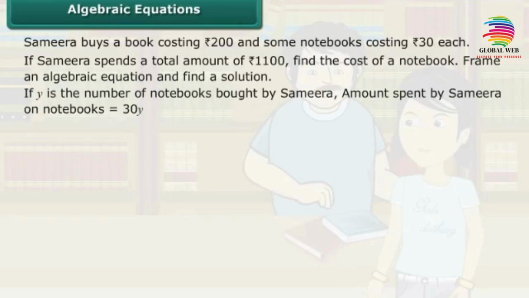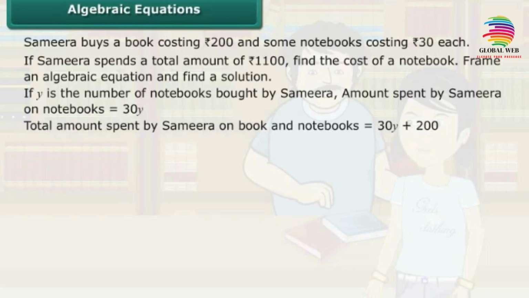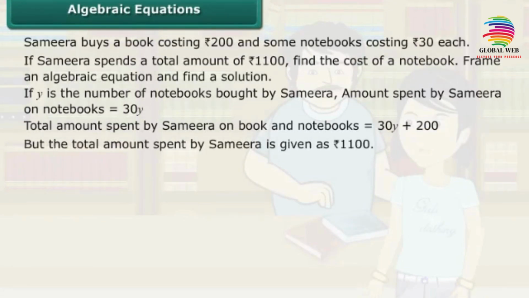If Y is the number of notebooks bought by Samira, amount spent by Samira on notebooks is equal to 30Y. Total amount spent by Samira on book and notebooks is equal to 30Y plus 200. But the total amount spent by Samira is given as 1100 rupees. Therefore, 30Y plus 200 is equal to 1100.